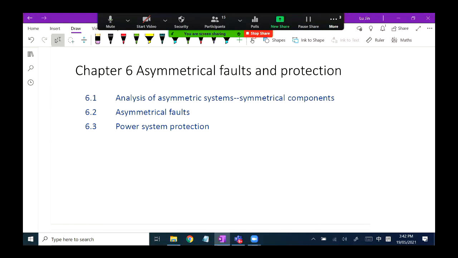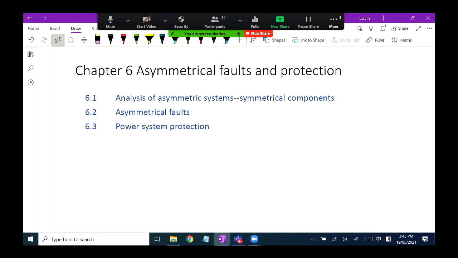Now you've got a very hard chapter: asymmetrical fault analysis. In this chapter, we are going to analyze the system with different types of faults. I think we have three types of faults. First one, single line to ground: out of three phases, a single line to ground is the first fault.